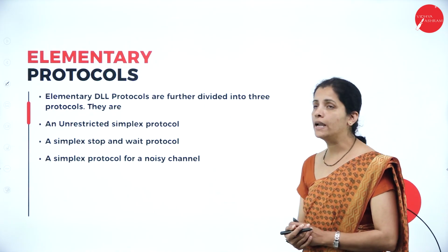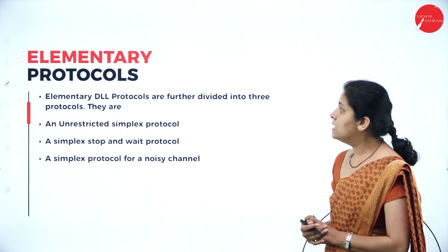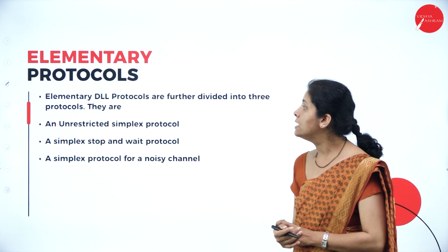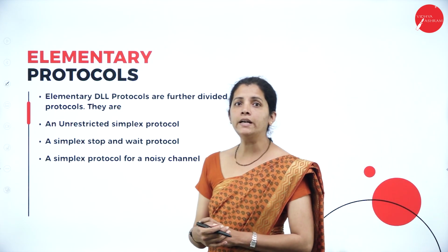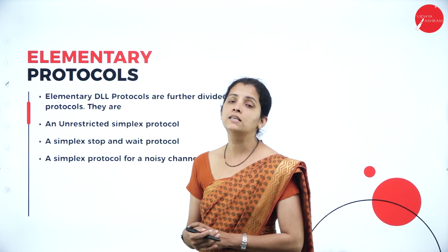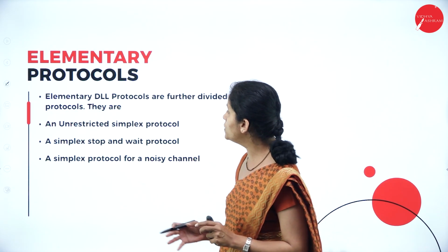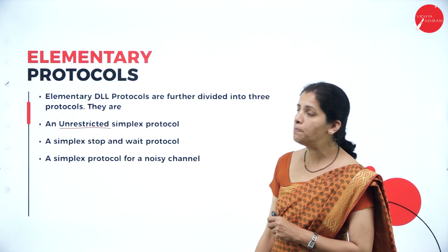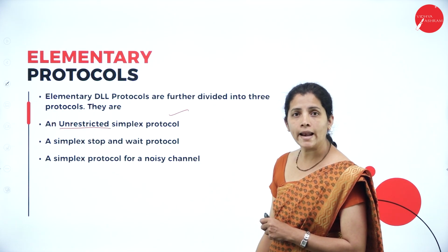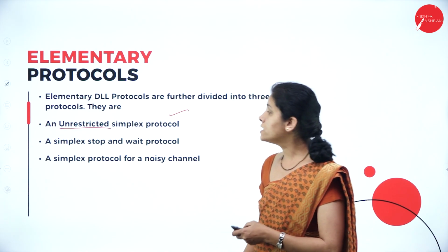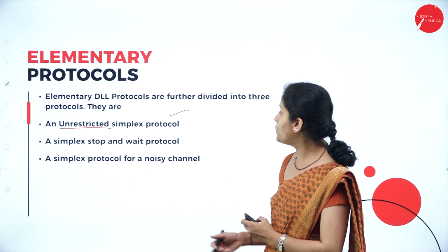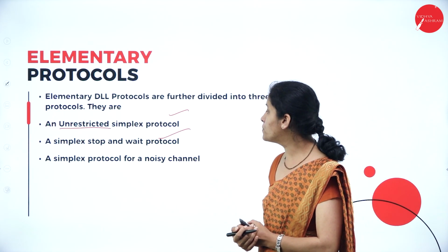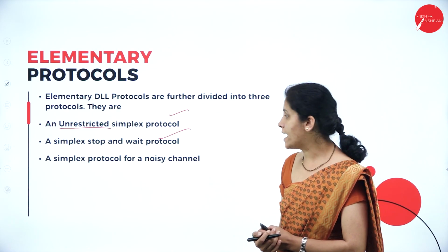And the elementary data link protocol is further classified into three types. One is unrestricted simplex protocol, another one is simplex stop and wait protocol, and the last one is simplex protocol for noisy channel.